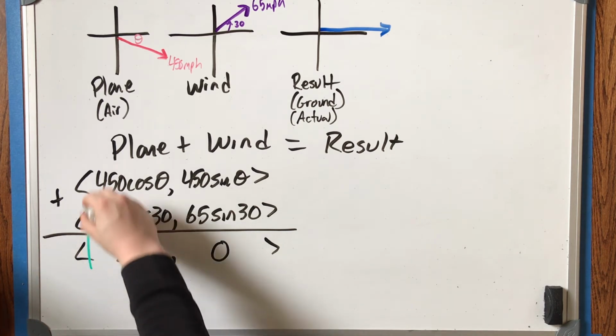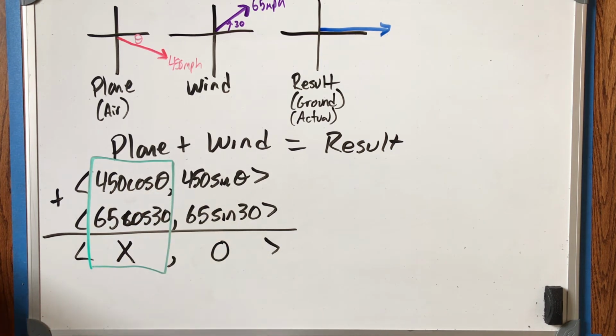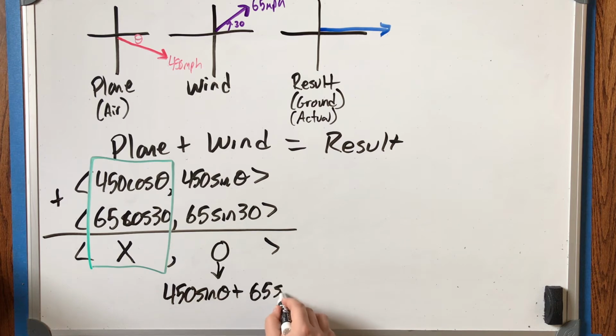So if I'm looking at these, there's two unknowns, theta and x. I can't work with that one yet. So I need to work with a different one, which is this one here. I can make a little mini equation out of this and say, all right, 450 sine theta plus 65 sine 30 has to equal 0. And now I can find theta because there's only one unknown.